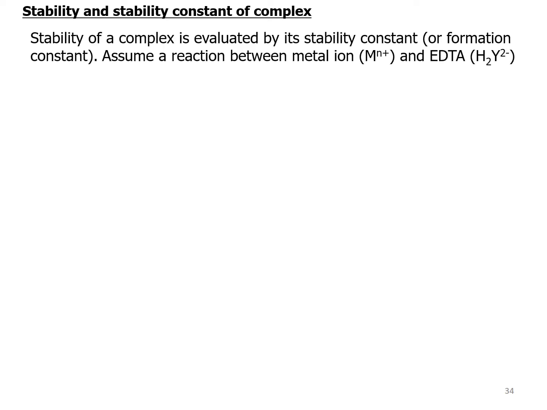Stability and stability constant of complex. The stability of a complex is evaluated by its stability constant or formation constant. Assume a reaction between a central metal ion and EDTA.